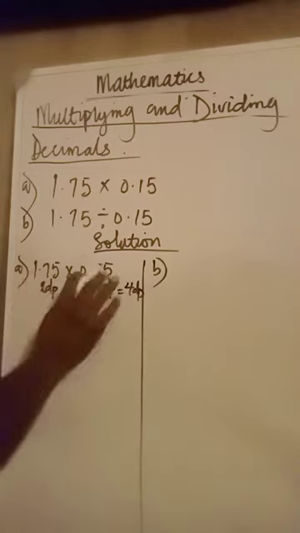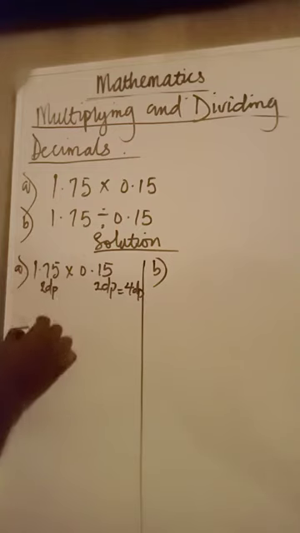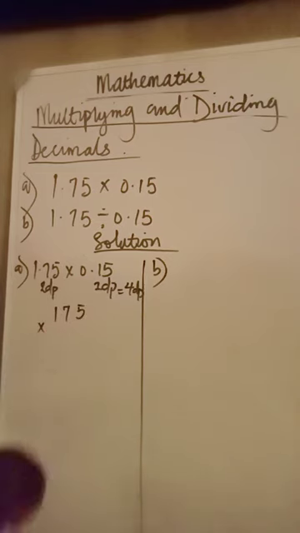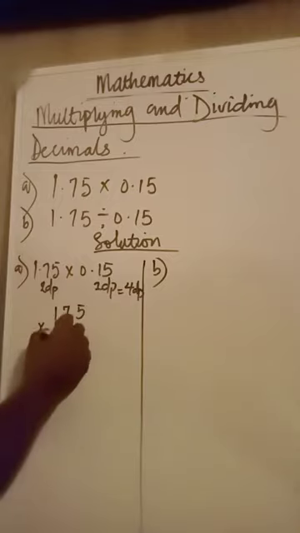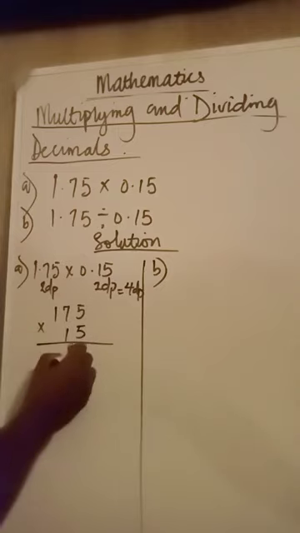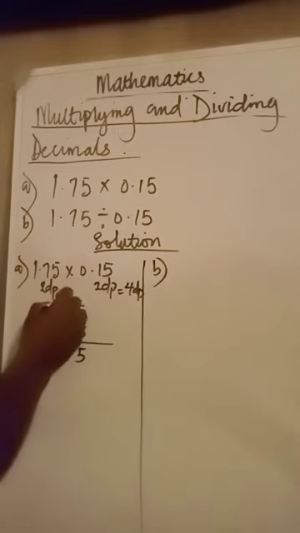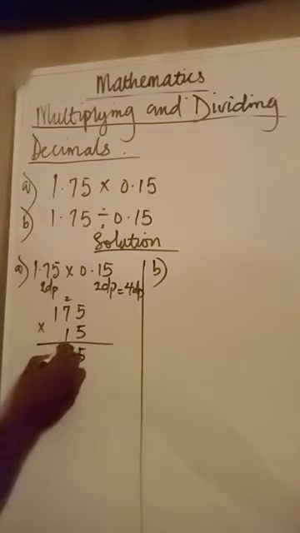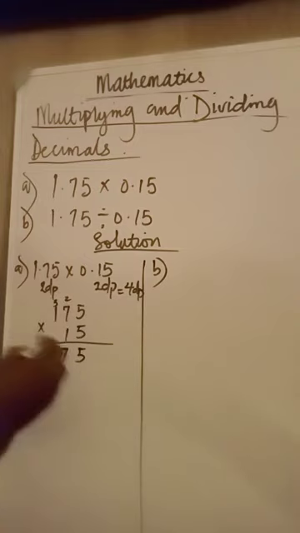Then I will multiply. I will pretend that these two numbers are whole numbers. Simply do 175 times 15. 5 times 5 is 25, 5 times 7 is 35, plus 2 is 37, 5 times 1 is 5, plus 3 is 8.